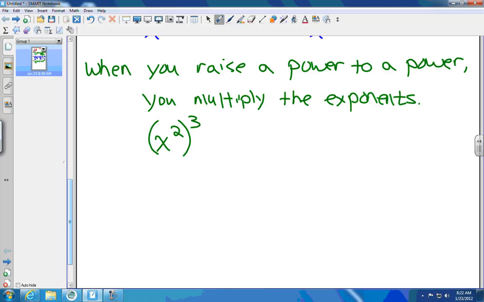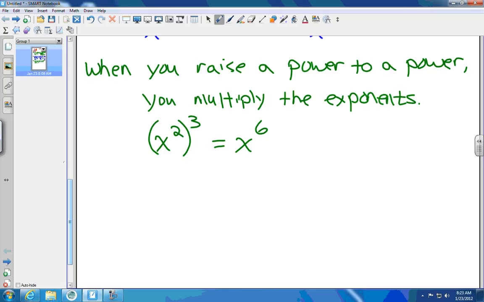What do you do with the exponents in that case? Multiply them, so you would end up with x to the 6th power in this case. That's all power to a power means. When you raise one up to the next one, you multiply the exponents, no matter what they are.